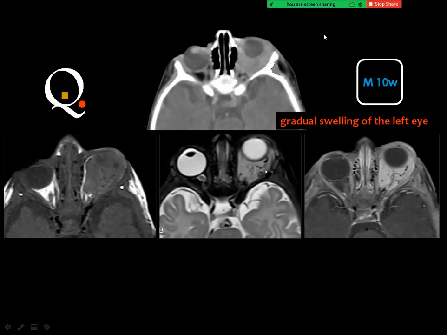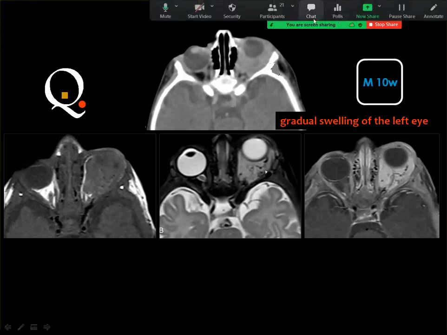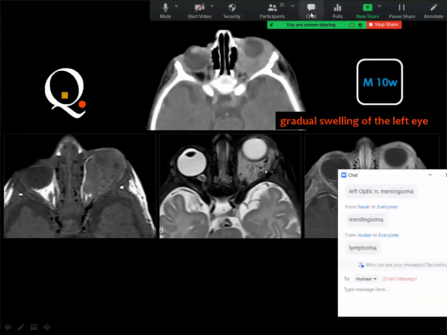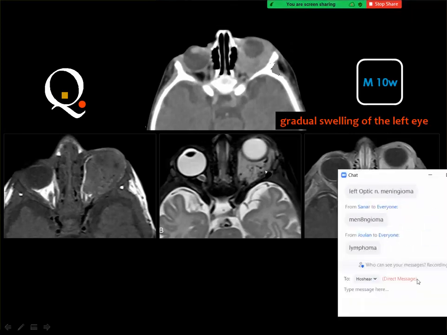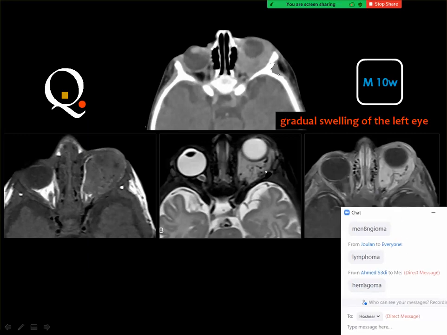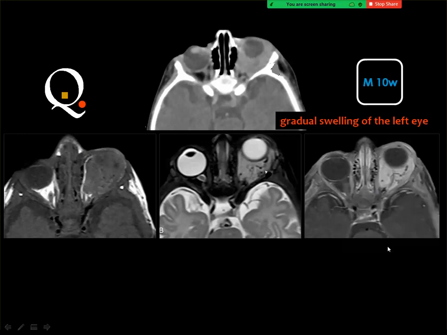Then another lesion in the orbit of an infant, 10 weeks old, with gradual swelling of the left eye. Yes, lymphoma, maybe lymphoma, but if you look carefully, hemangioma, yes, and some of the answers are right.